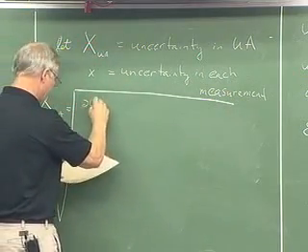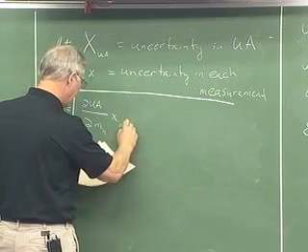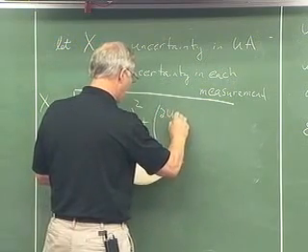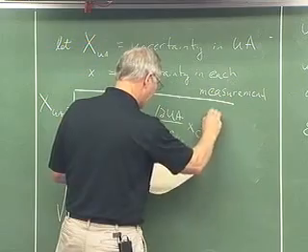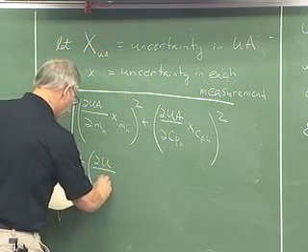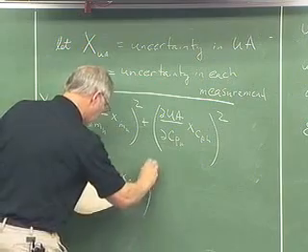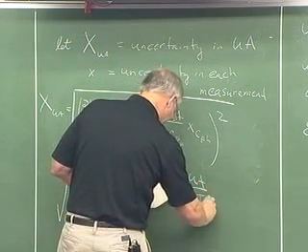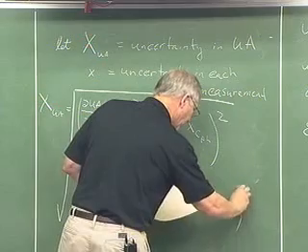We'll have the partial of UA with respect to m dot h times the uncertainty in m dot h squared, plus the partial of UA with respect to Cph times the uncertainty in Cph squared, plus the partial of UA with respect to T hot in times the uncertainty in T hot in squared, plus the partial of UA with respect to T hot out times the uncertainty in T hot out squared.